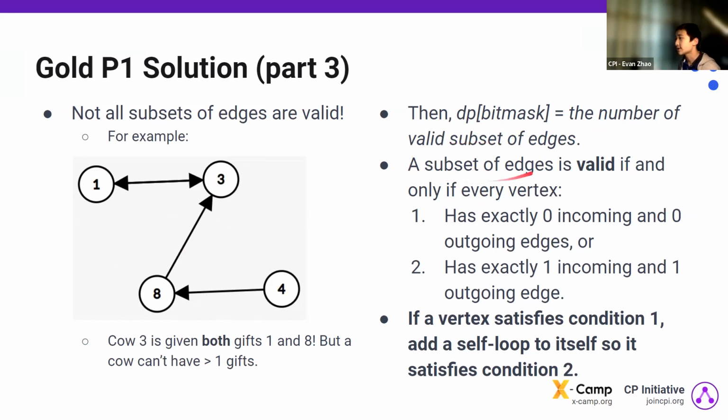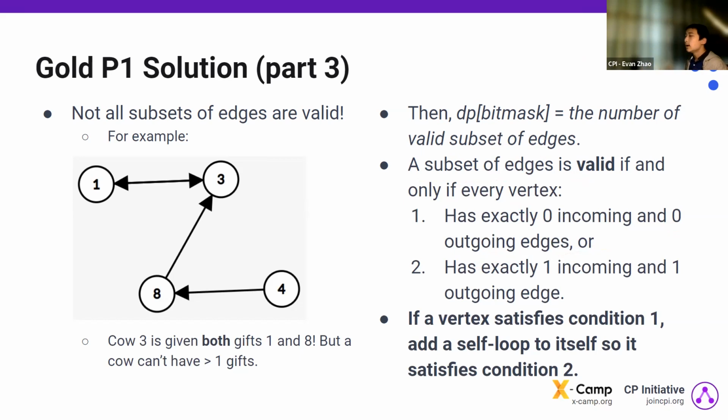A subset of edges is valid if and only if every vertex has exactly 0 incoming and 0 outgoing edges, or has exactly 1 incoming and 1 outgoing edge. This makes sense because if a cow receives a gift, it needs to give away 1 gift in order to have 1 gift in the end.